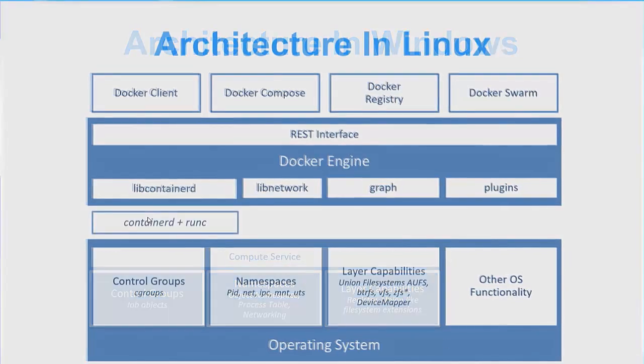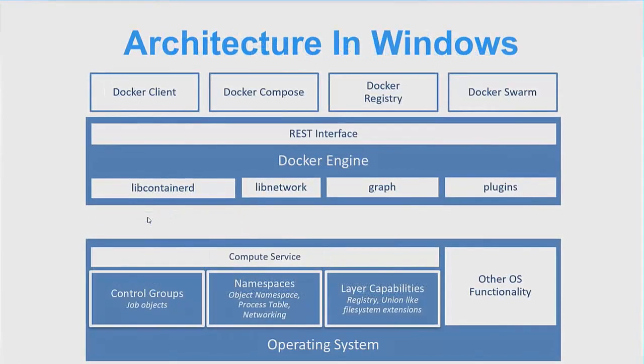If you go back and forth, you see there's very little difference between the architecture in Windows and Linux. There is a Docker engine and all the upper part, the Docker client and other components, are all the same. There is also a REST interface. The Docker engine remains the same. The libraries within the Docker engine are all the same, probably re-implemented to work on Windows.